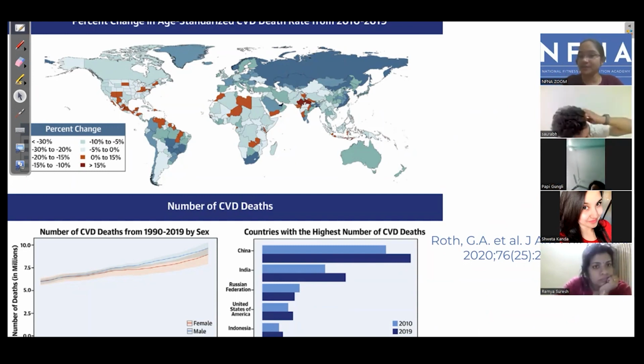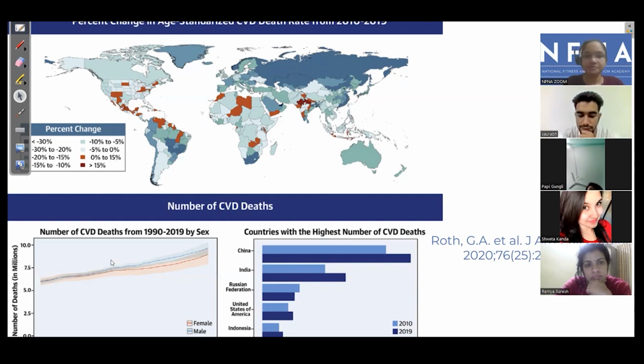The hormones that are present in the women are a little protective in nature pertaining to the cardiovascular system, hence these diseases are more predominant in male compared to female. But again, if you compare a reproductive female and the postmenopausal female, the postmenopausal female are at a higher risk of developing cardiovascular diseases.